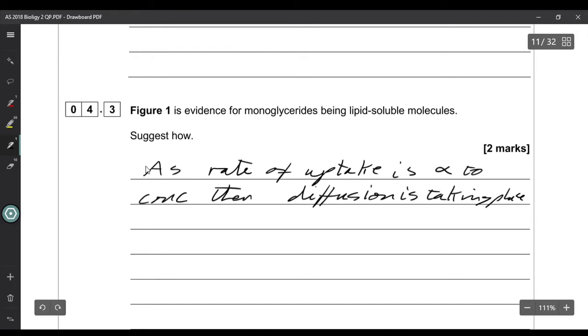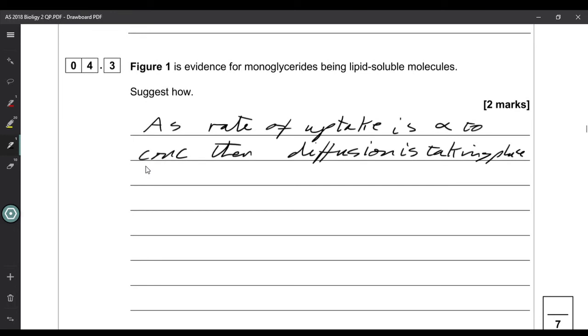Now, if it's diffusion, what that means is there's no carrier proteins, and these molecules are going straight through the membrane. And we know that the membrane is a phospholipid membrane, so the inside of the membrane does have lipids. So the fact that these molecules are managing to go through the membrane, it must mean that they are lipid soluble.